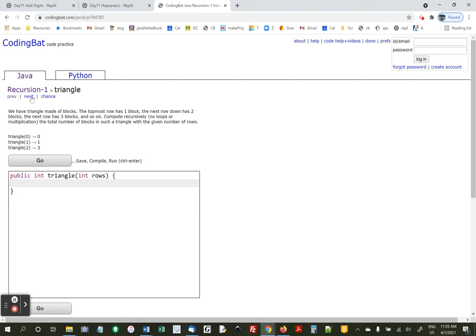So again, we're going to have a base case. If rows is equal to 0, return 0. And then otherwise, return rows plus triangle of rows minus 1. Sure that'll do it.